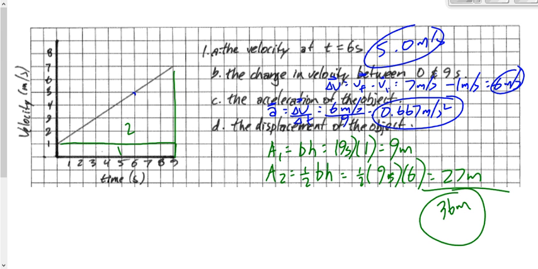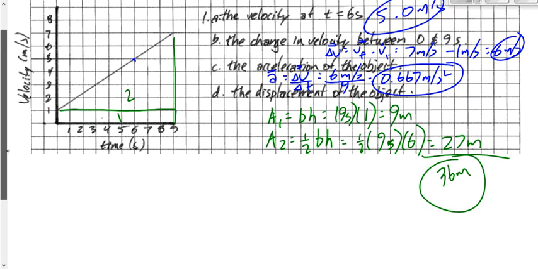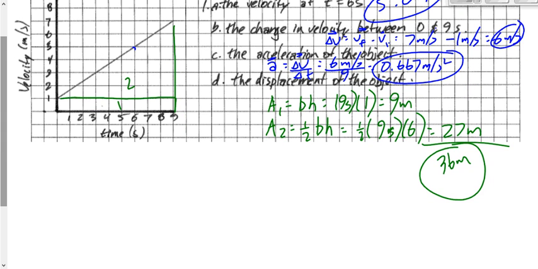Now, just as a little aside here, it's entirely possible nobody thought of this, but let's just take a look at this, okay? What if we use this equation, d is equal to VI T plus 1/2 A T squared? What is VI there? 1. What's the time? No. What's the time interval for this whole thing? 9. What's the acceleration? 0.667.